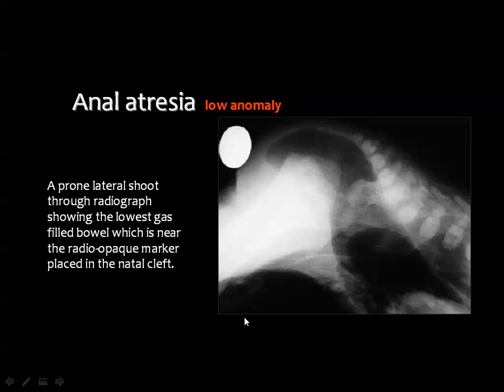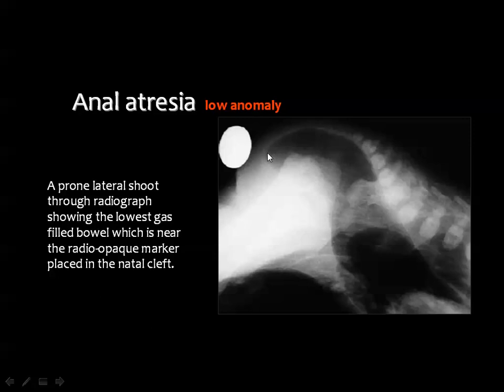Anal atresia means that there is no anal opening, and the colon is atretic, and this is considered either a low anomaly or a high anomaly, depending on the site of the atresia in relation to the pubococcygeal line.